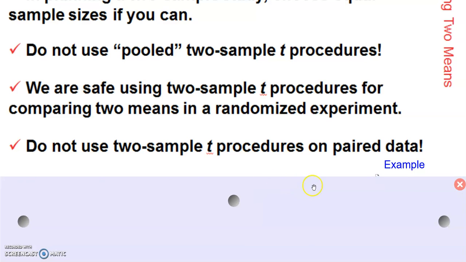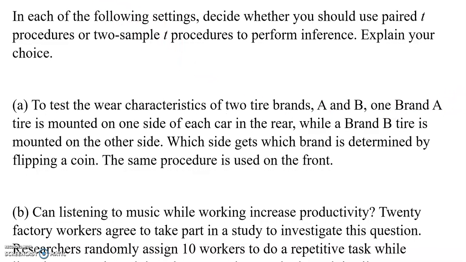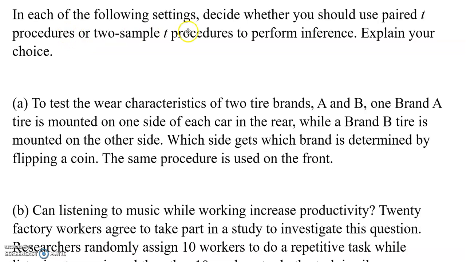Now, let's talk a little bit more about this one. Do not use two sample t-procedures on paired data. So let's think about what that means. Here I've got two settings, okay? And I would like you to think about for each of them whether you should use paired t-procedures or two sample t-procedures.